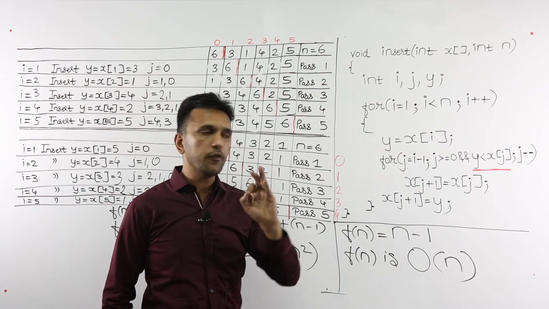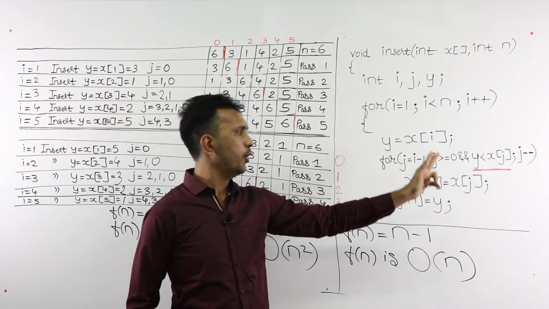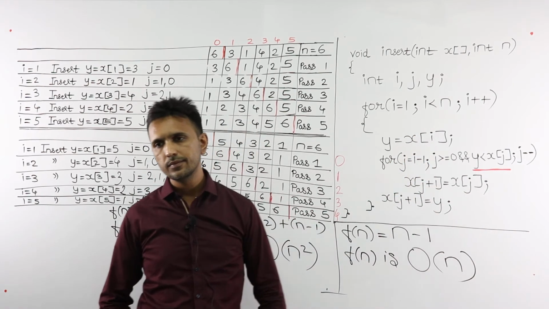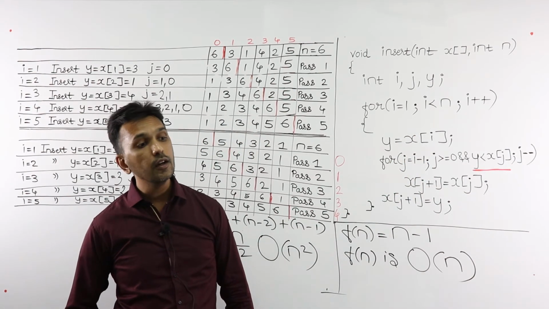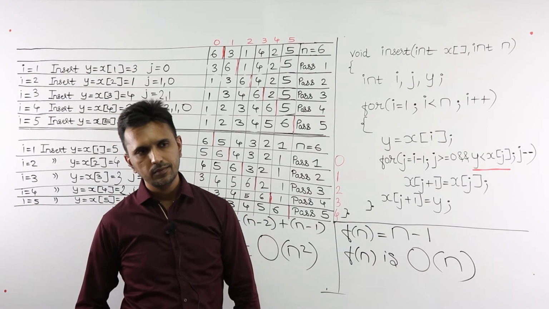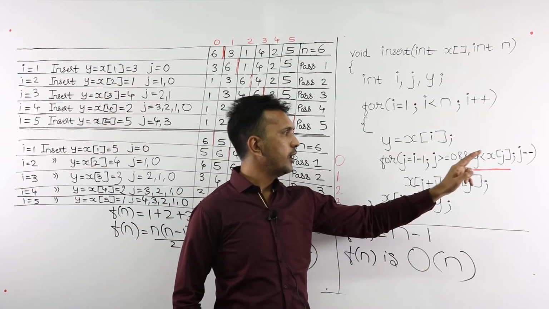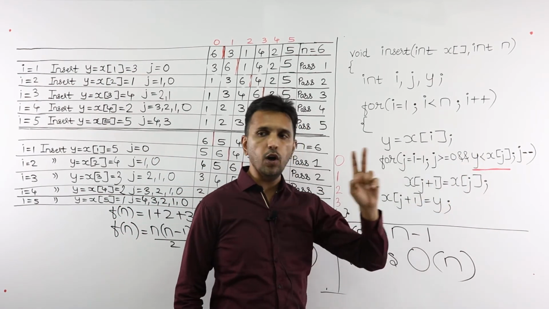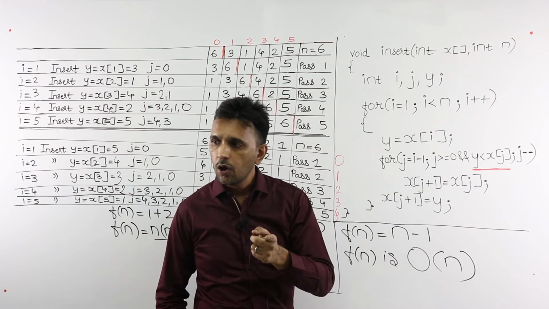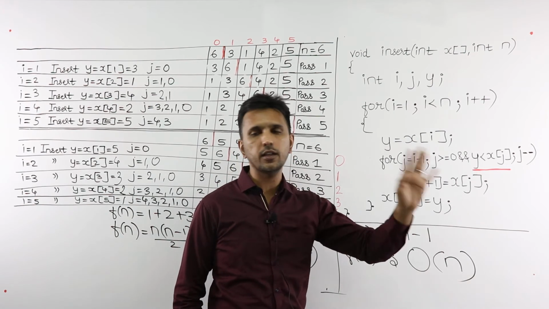The number of comparison will always be lesser than the number of shifting. False. What is the true statement? Now the true statement: the number of comparisons will always be greater than or equal to the number of shiftings, but never lesser than.